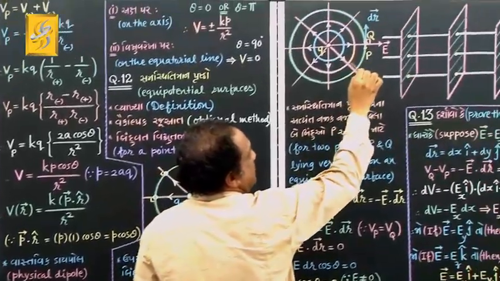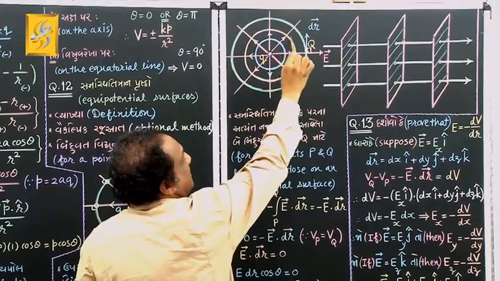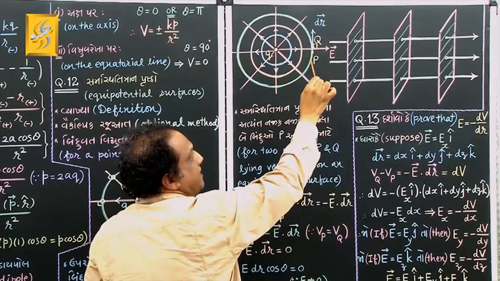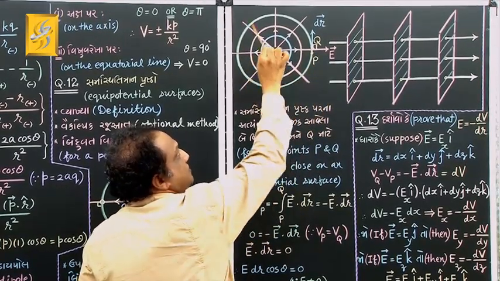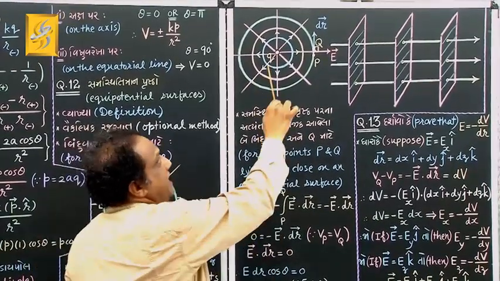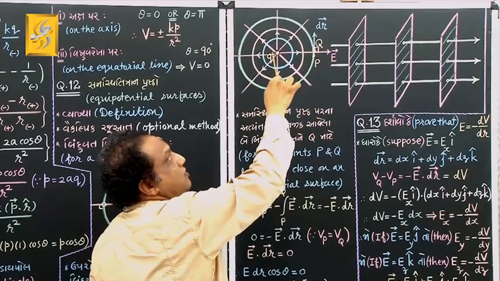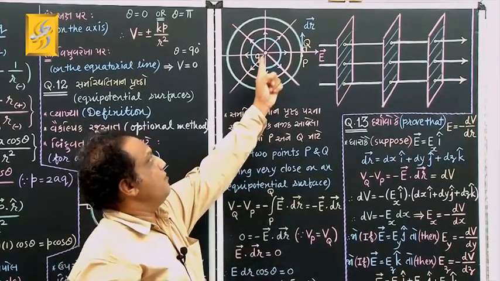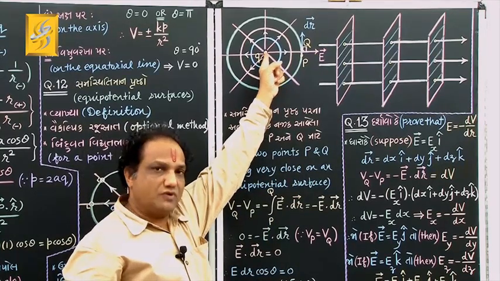Then at all these points, electric potential is equal and it is say 3 volt. Suppose you are increasing the radius further, then electric potential at all the points on this surface, suppose it is 1 volt. So I mean to say, you can get more than one concentric spherical surfaces which are equipotential surfaces for a point charge located at the center. Okay. Fine.